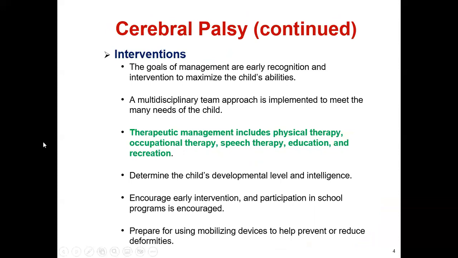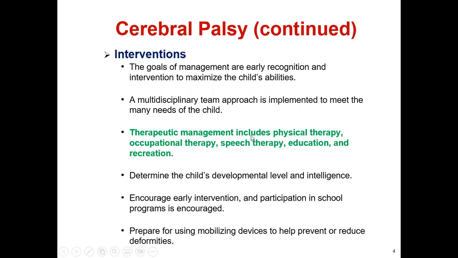What else? What are the interventions? The goal of the management is early recognition and intervention to maximize the child's abilities. A multidisciplinary team approach is implemented to meet the many needs of the child.